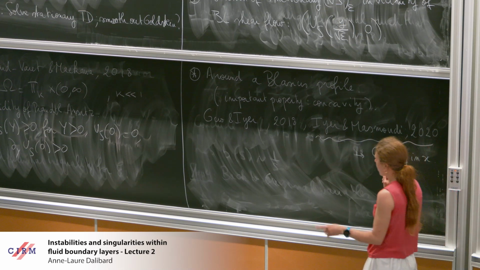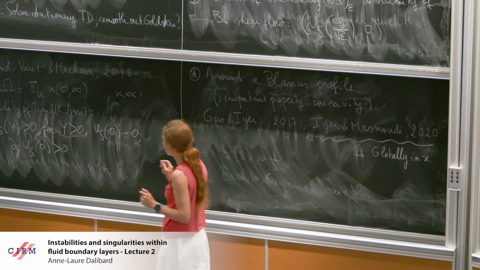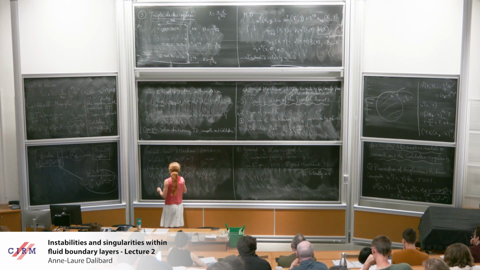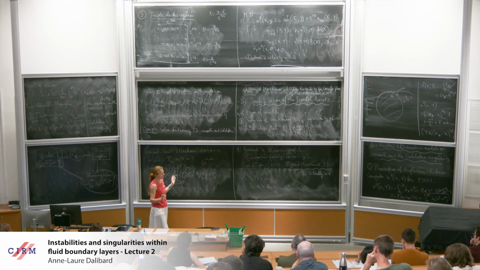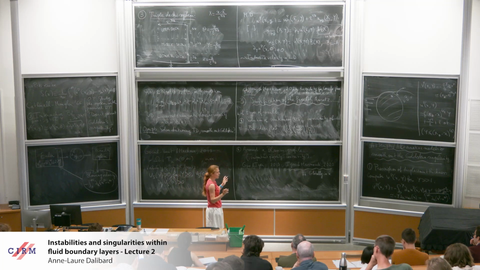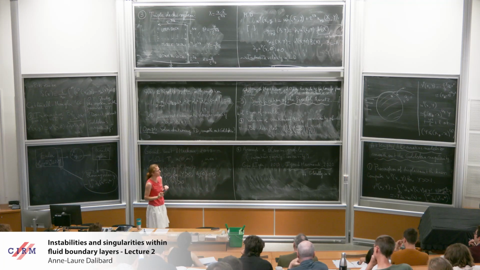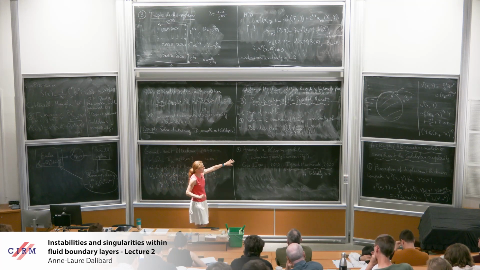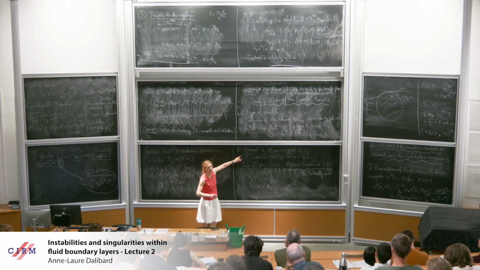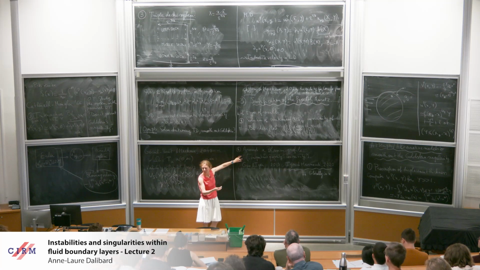And so the two proofs are very different. It's always based on some properties for the linearized operator around the specific solution. In this case, thanks to the concavity of the profile, they prove some additional dissipation of the linearized operator.